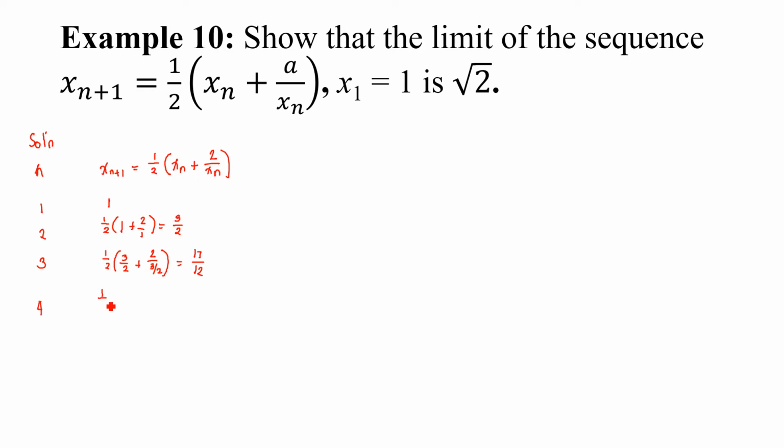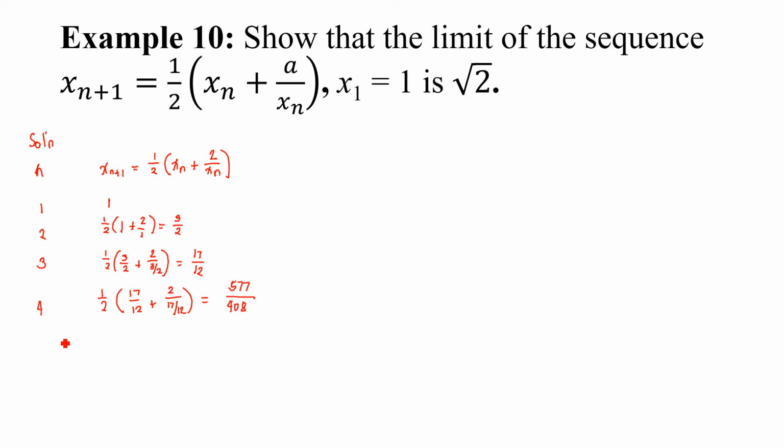Oh, I am wrong here. Let me check. Okay, that's correct. So you have 1 half times 17 over 12 plus 2 over 17 over 12. Using the calculator, this is equal to 577 over 408.